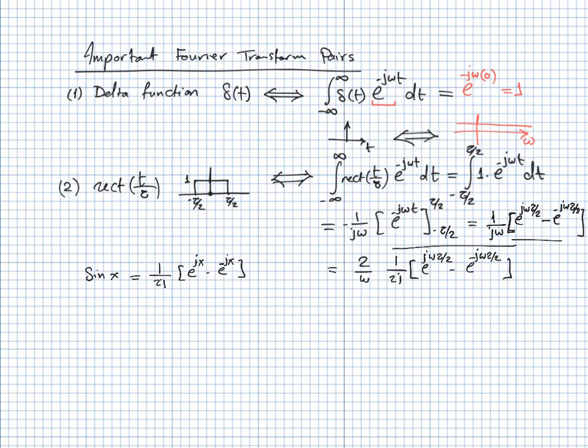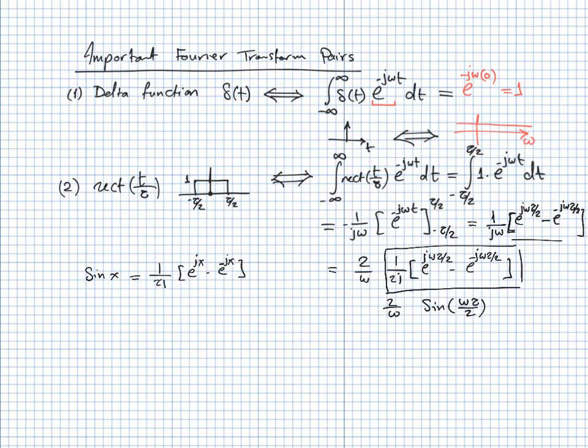And this whole part, I can write it as sine of what? Sine omega tau over 2, right? And then I end up outside with 2 over omega.